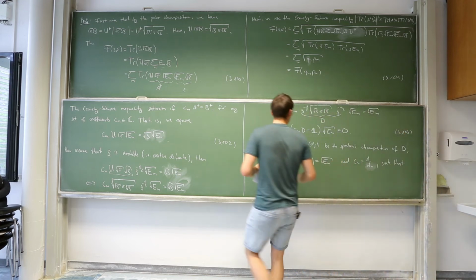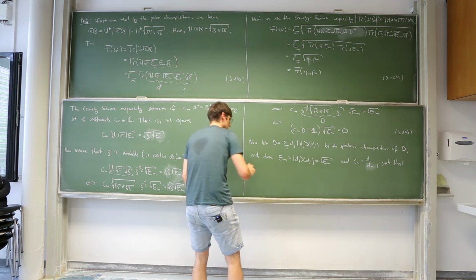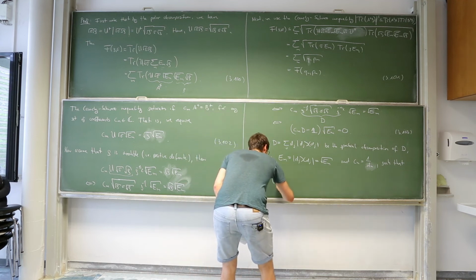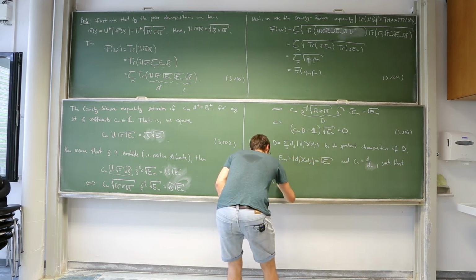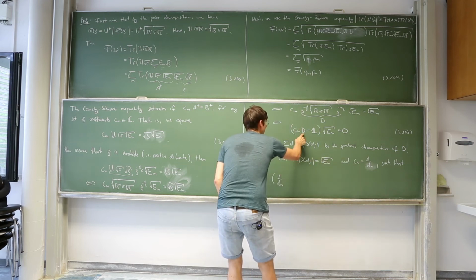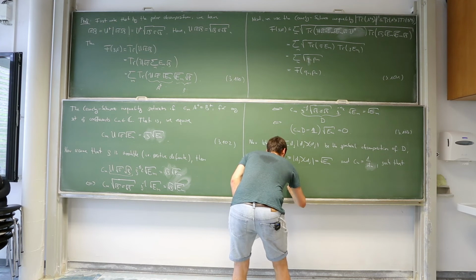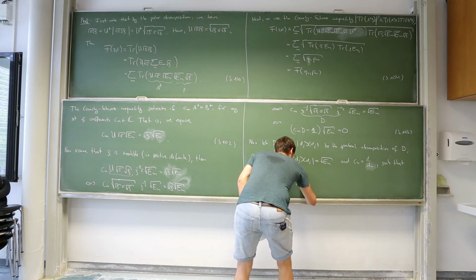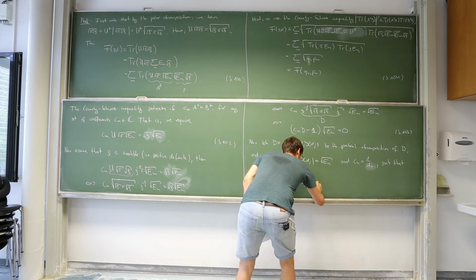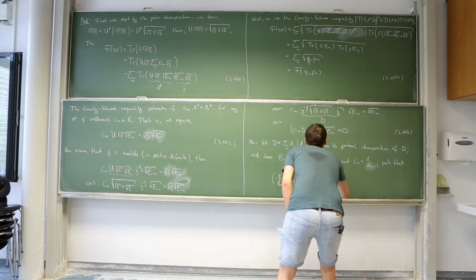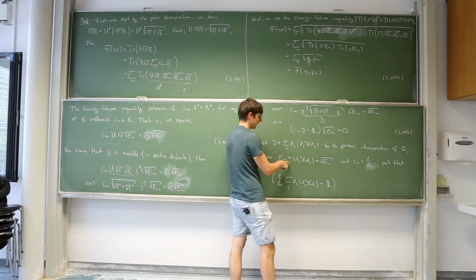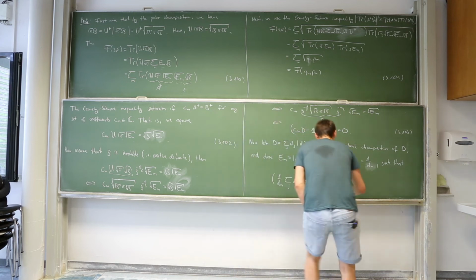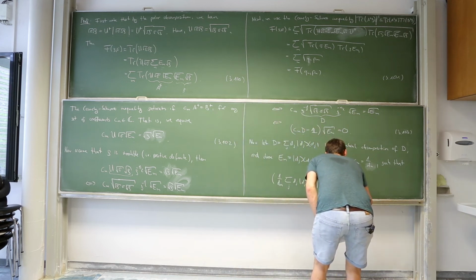Because now let's plug this all in. So then for the coefficient Cm, we chose 1 over dm. And then we have the spectral decomposition, minus identity. And then we plug in Em as this projector, dm.